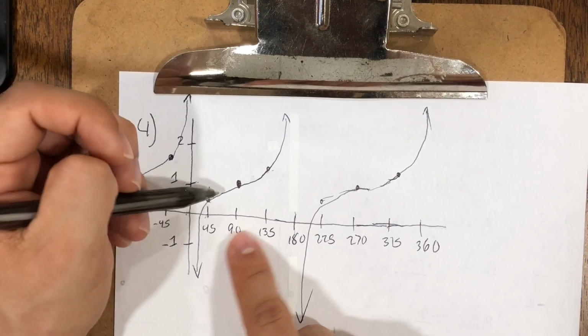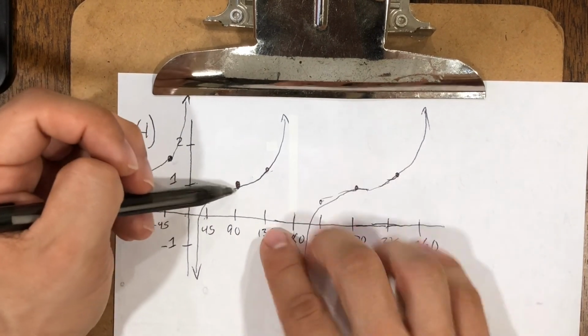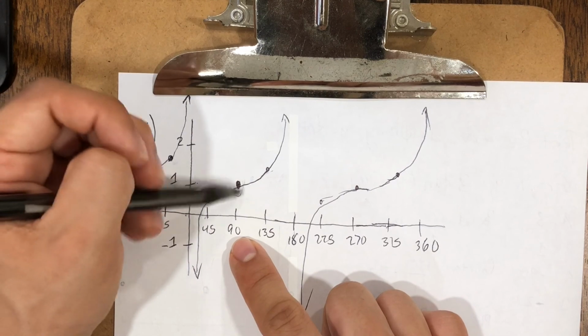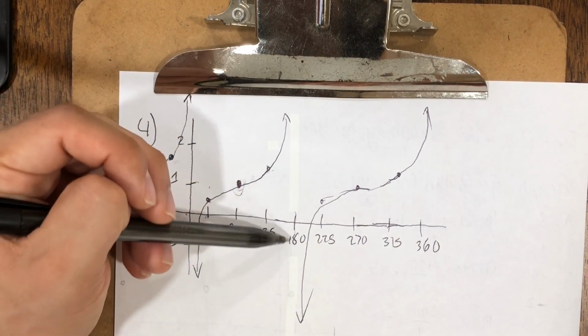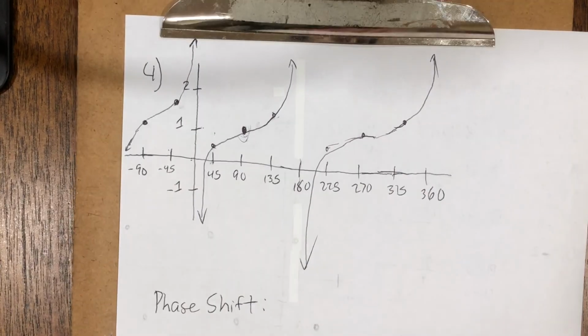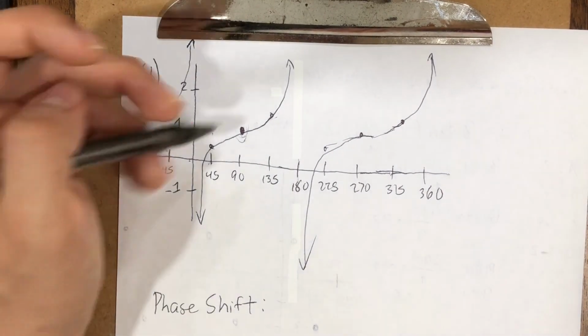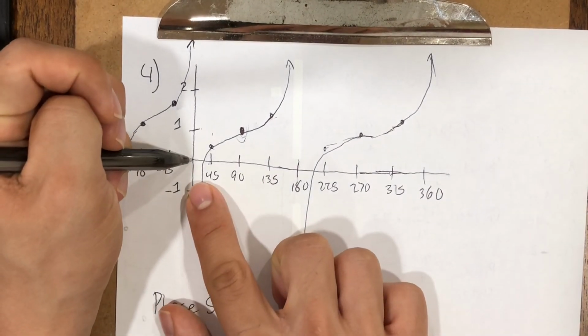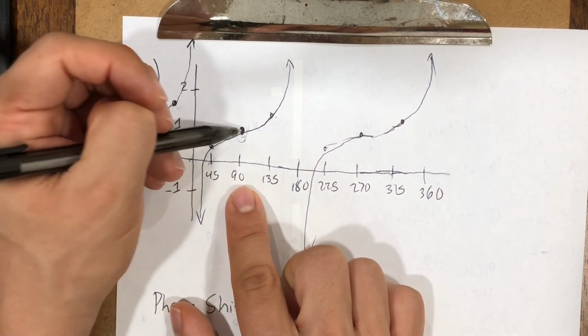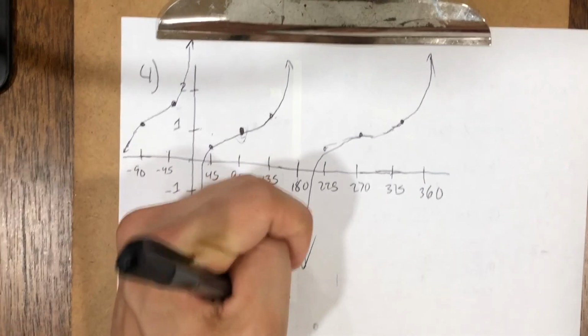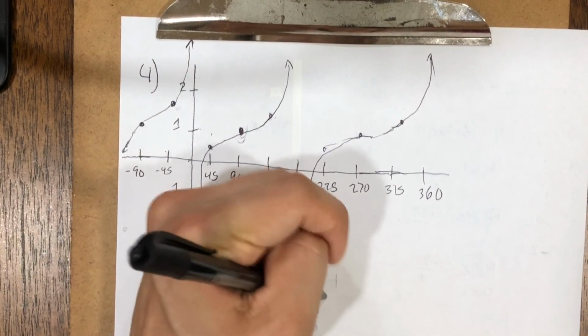All right. So we see on this graph that 90 is the midpoint, because this is the low and then this is the high. And then we see that 180 is the asymptote. So if we take a look at the phase shift from 0, 0, which is always the midpoint, we went from that to 90, 1. So the phase shift is going to be 90 units to the right.